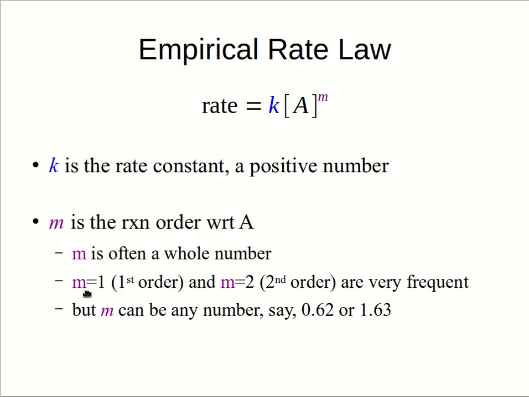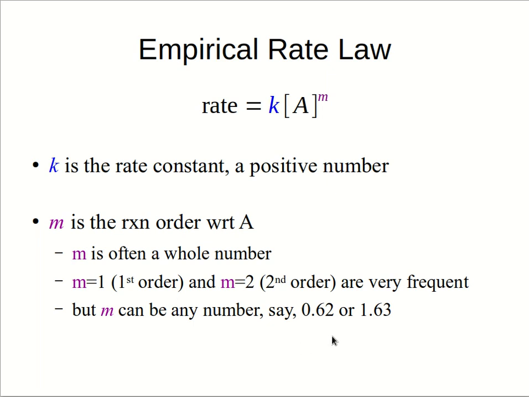If m is 1, this is called a first order reaction. If m is 2, it's a second order reaction. Those two are probably the most frequent ones you will encounter. 0 is possible and happens too, and we will see under what circumstances. It's a 0th order reaction. 3 is pretty much unlikely, but m can be any number really.